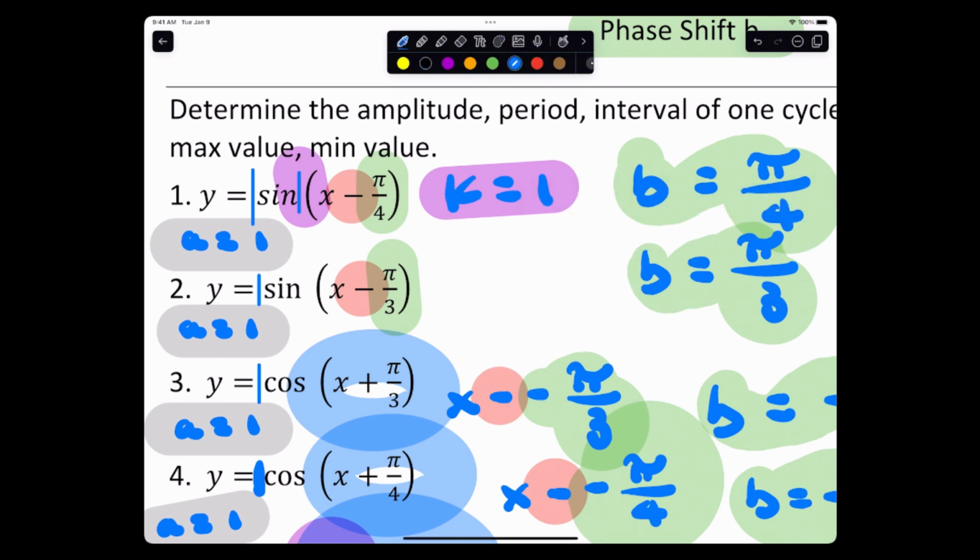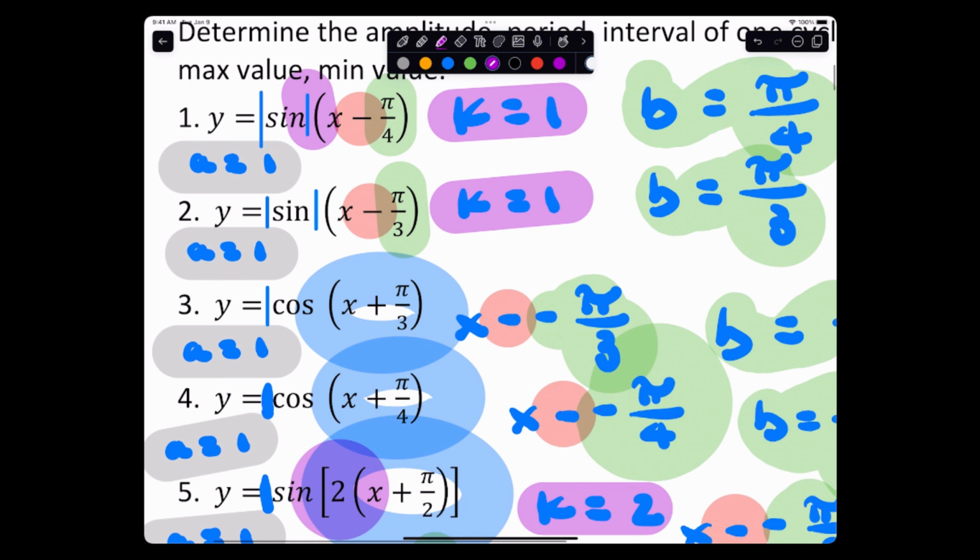What's K over here now? Could put a 1 there. K equals what? 1. Okay, you guys see that here? And the same thing is happening where? Here. Oops. Put it in purple, but there. K here equals what? 1.